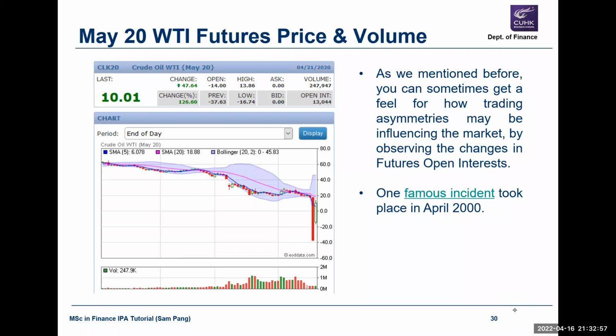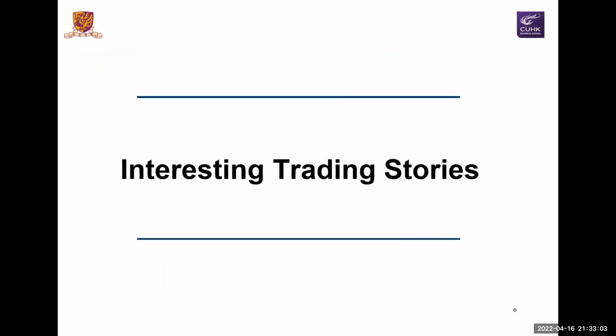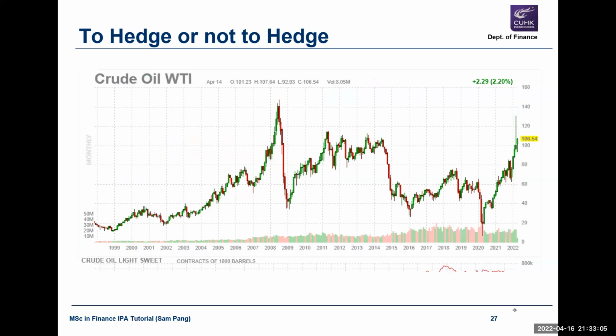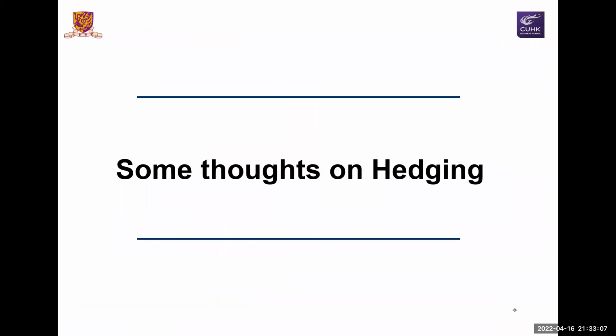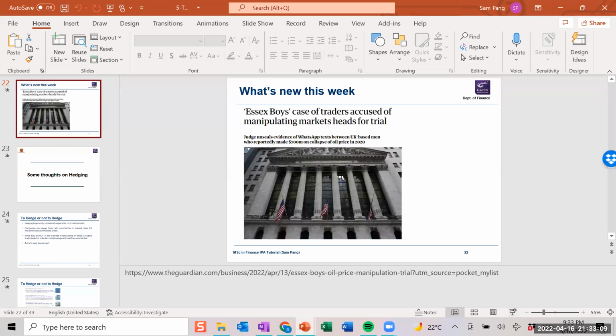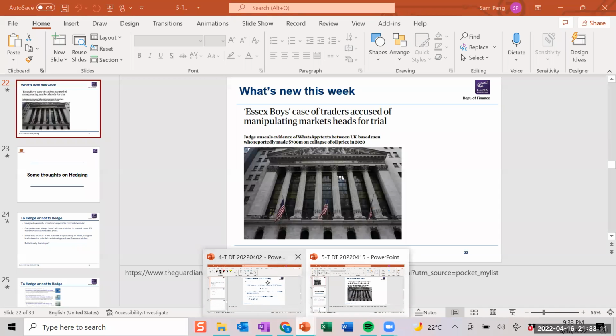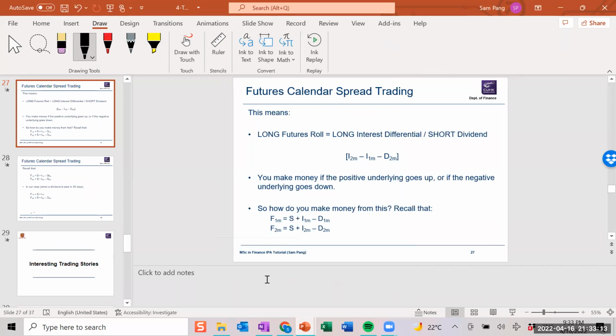Yes, Sam. I still don't understand the price of the long futures roll. Because the 2 months interest minus the 1 month interest minus the dividend, I cannot interpret it as the total cost I need to pay.